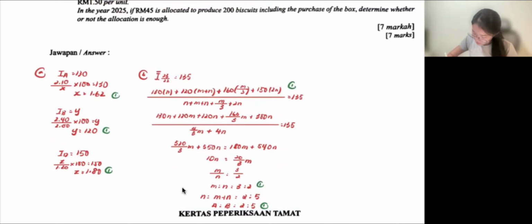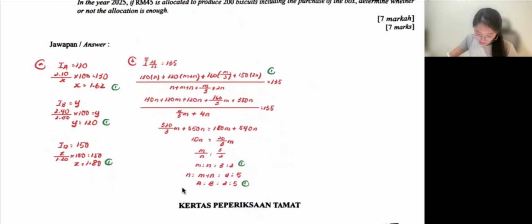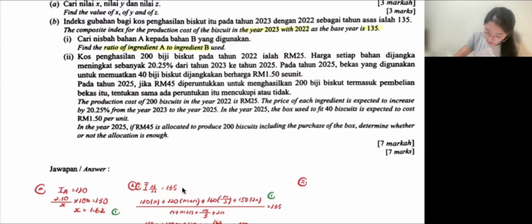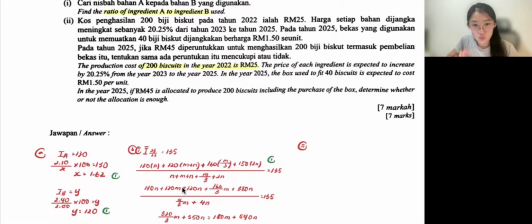Okay, last one. Let's look at part 2. The production cost of 200 biscuits in the year 2022 is 25 ringgit. This is cost price in 2022. Okay, let me write it here for you. Cost 22 is 25.